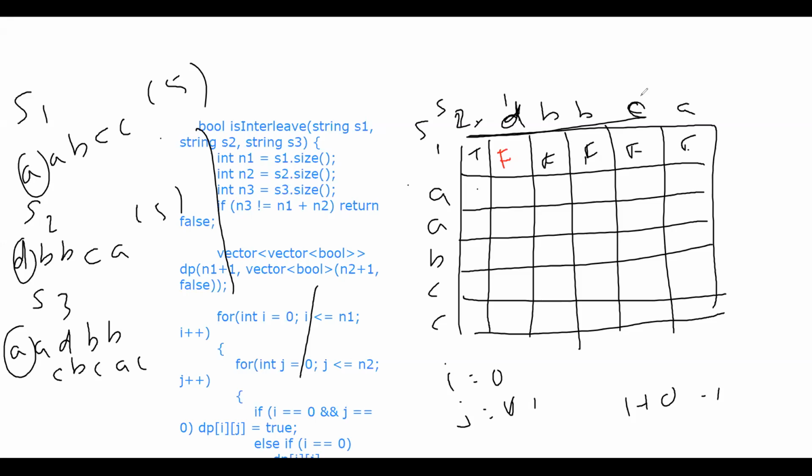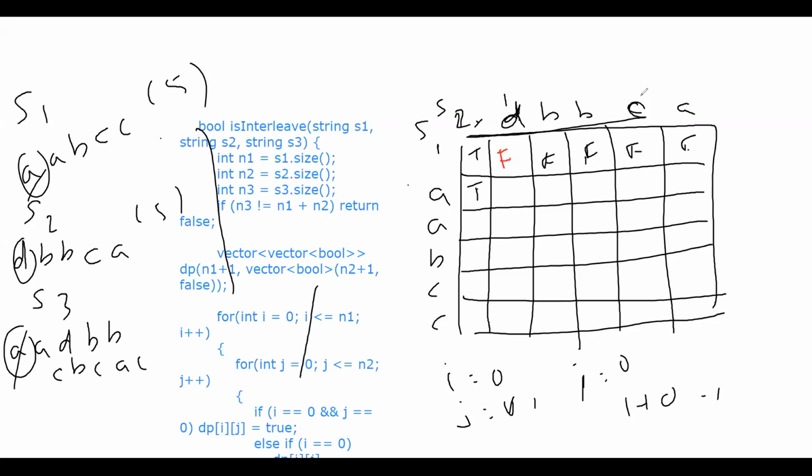But my J is again 0 and this is also 0. So I plus J, both of them are 0. I is not 0, right? I is 1. Oh, sorry, I is 1. So I minus 1. So I'm just comparing this with A. So this is true in this case, correct? Right. Yeah, and then I go over here. Then I go for this one.